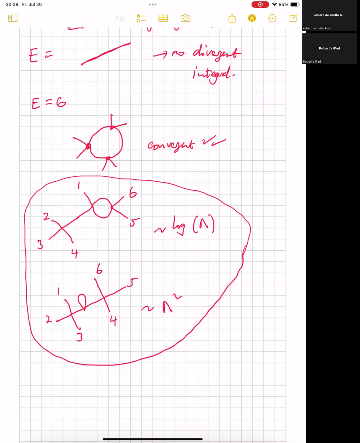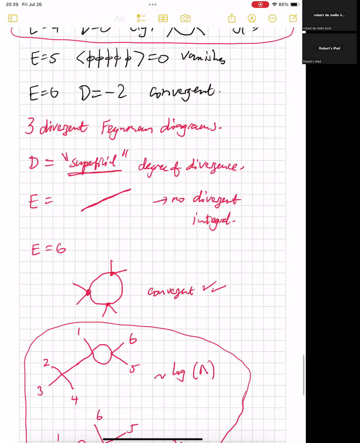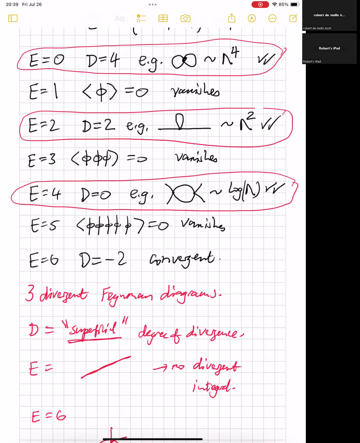But luckily, these old divergences are removed by the matching conditions that we already have. So really, here we're counting the number of independent divergences that appear, and we only have divergences appearing for E is equal to 0, E is equal to 2, E is equal to 4. Those can be removed by renormalization conditions, and that's ultimately the reason why the theory is renormalizable. Great, we'll continue in a moment.